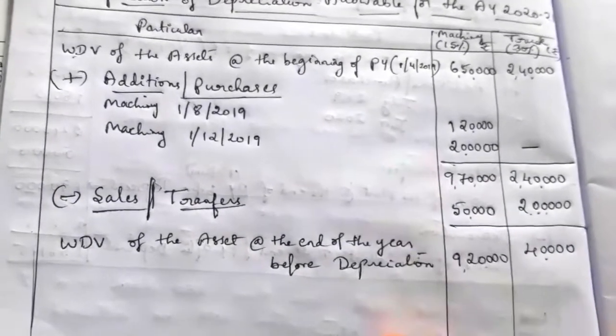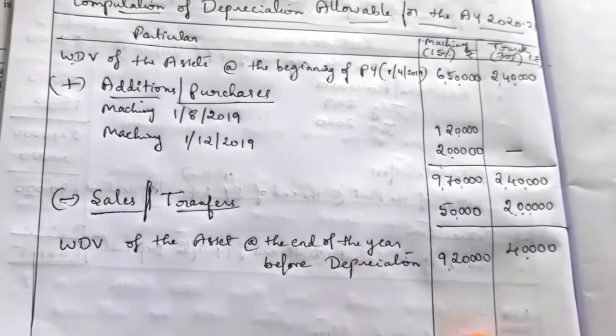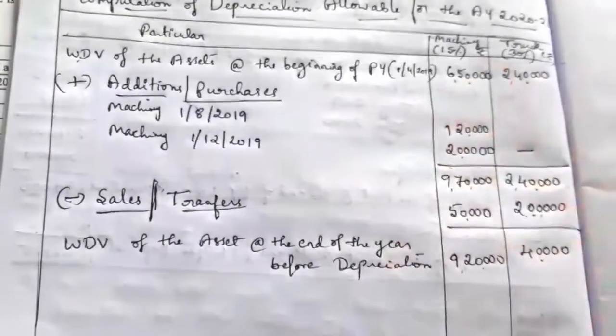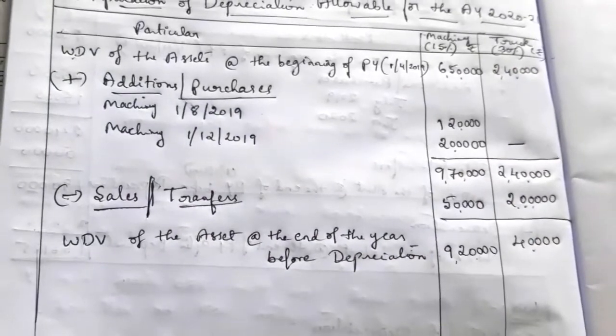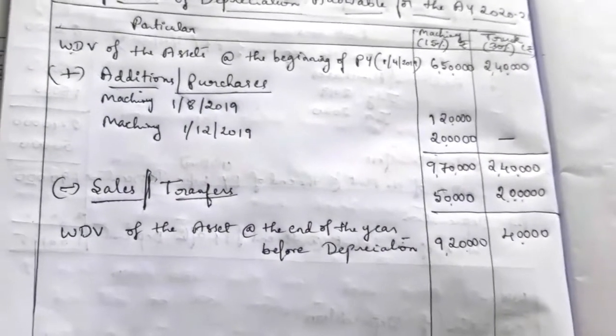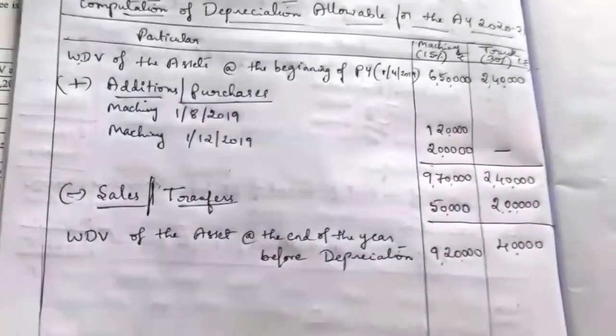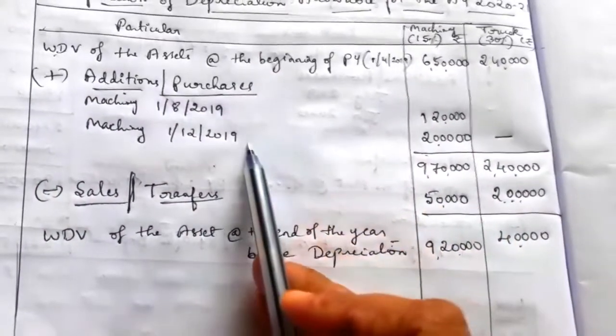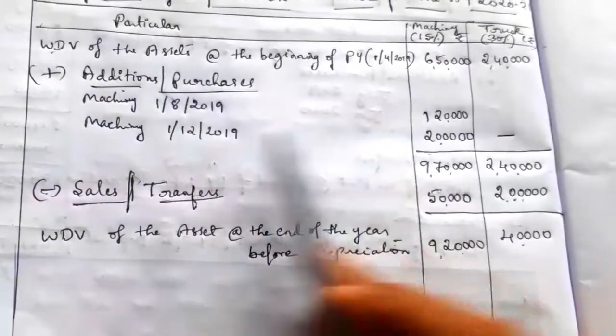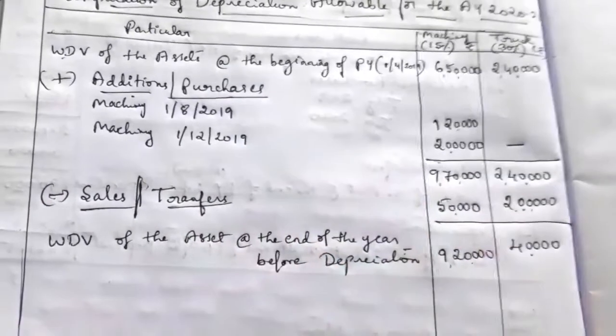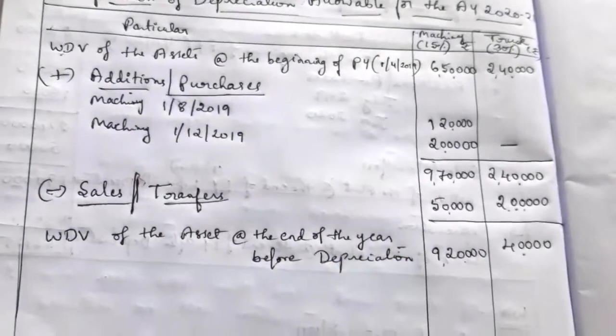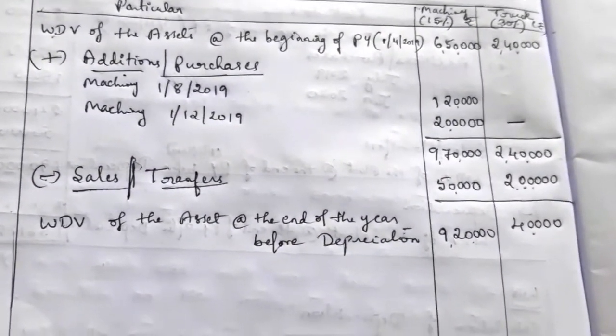For the balance machinery, we charge full depreciation. Along with that, we charge additional depreciation at 20%. While charging additional depreciation on these two new machinery, we have to see whether that asset is used in the business more than or less than 180 days.